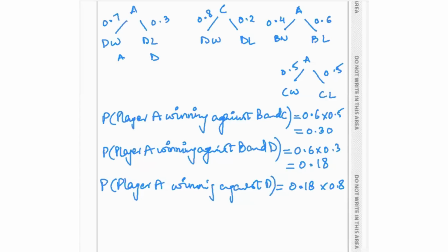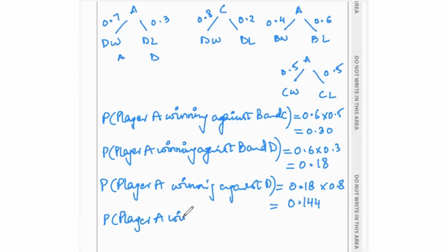Because for player A to win against player D in the finals, player D needs to win against player C, because C and D are playing against each other. So the probability for that is 0.8. So for player A to win against player D, we would do 0.18 times 0.8, which is going to give us 0.144.